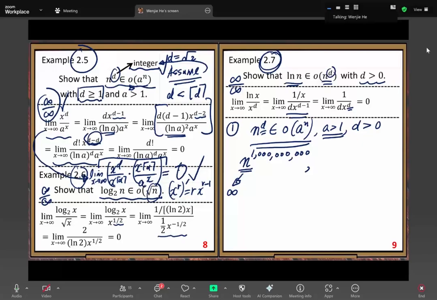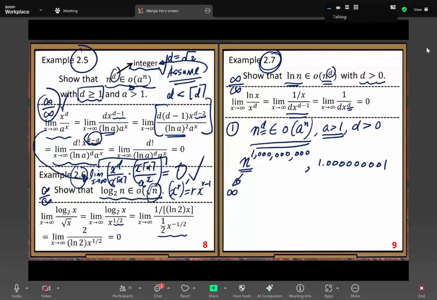Now I choose 1.00, and I put as many zeros as I like. Only a tiny bit more than 1, very close to 1, but still A is strictly greater than 1.